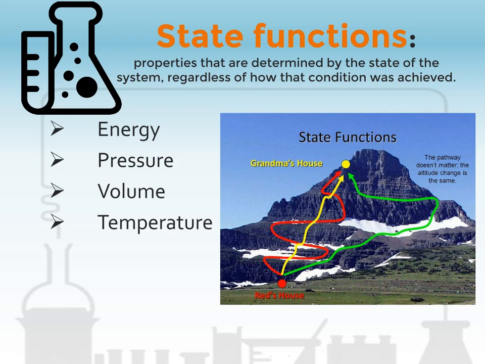Kahit gaano pa kahaba or kaiksi yung daanan kong path from reactants to products, yung change or amount of energy na kailangan ko to go from reactants to products ay same kahit pasikot-sikot pa akong magpunta. Parang si Little Red Riding Hood, kahit i-take niya yung pasikot-sikot na path or yung mas diretsyo na path, yung elevation from her house to grandma's house will be the same.